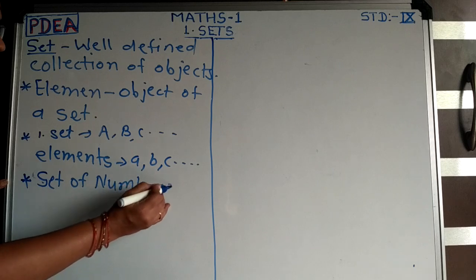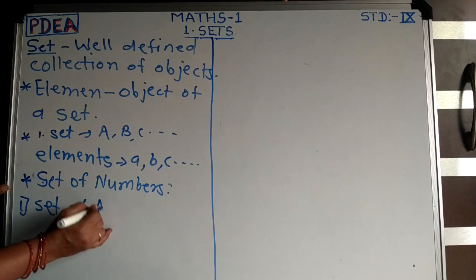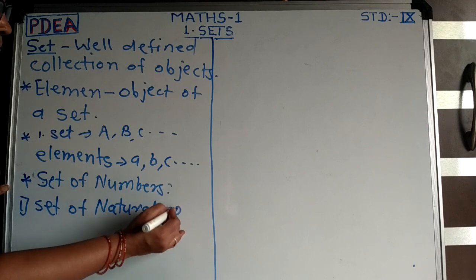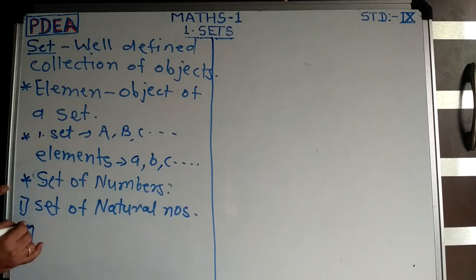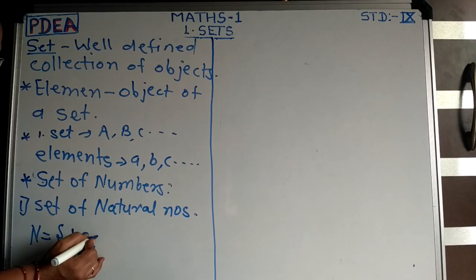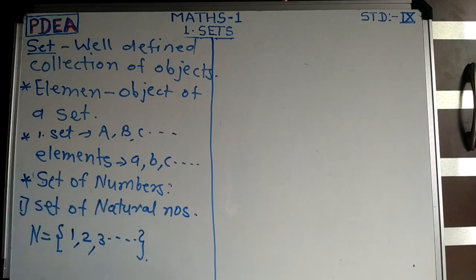The set of natural numbers is denoted by capital N is equal to, in curly brackets, 1, 2, 3 and so on. All counting numbers are natural numbers.